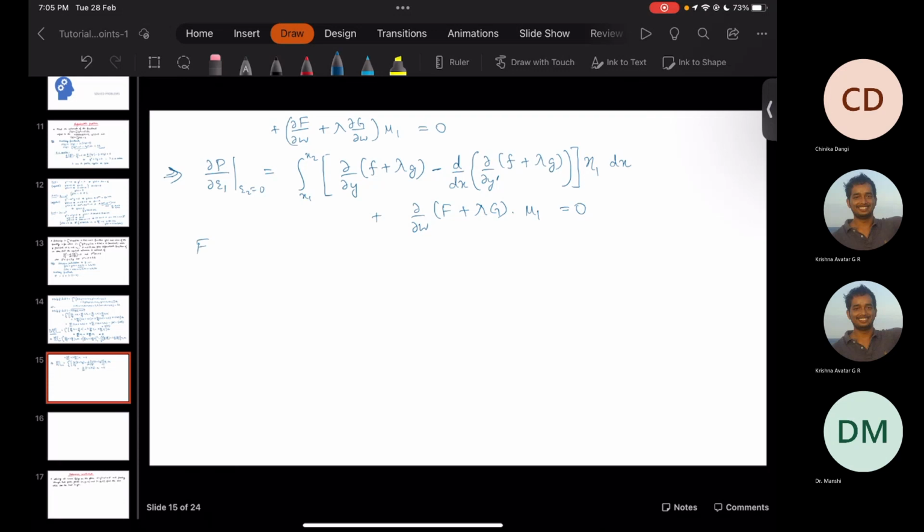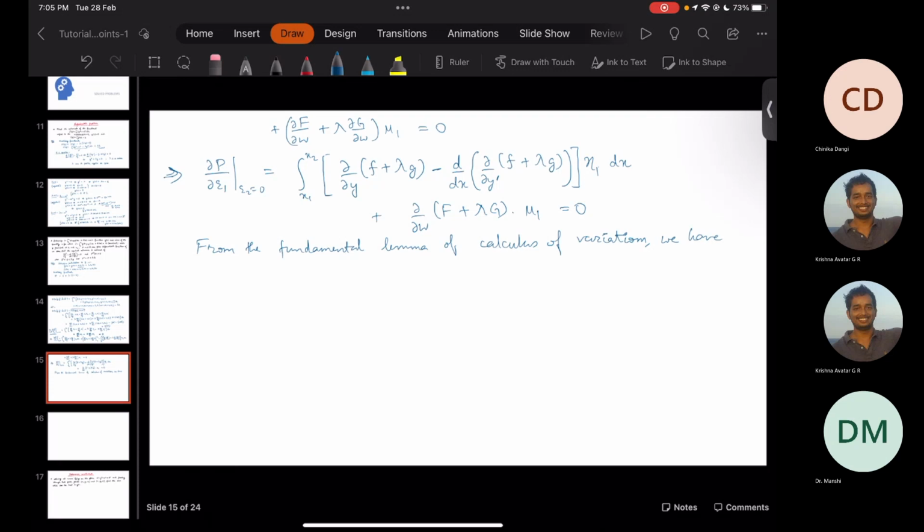Now from the fundamental lemma of calculus of variations, we have, for arbitrary variations, because eta 1 and mu1 both are arbitrary perturbation functions, right?